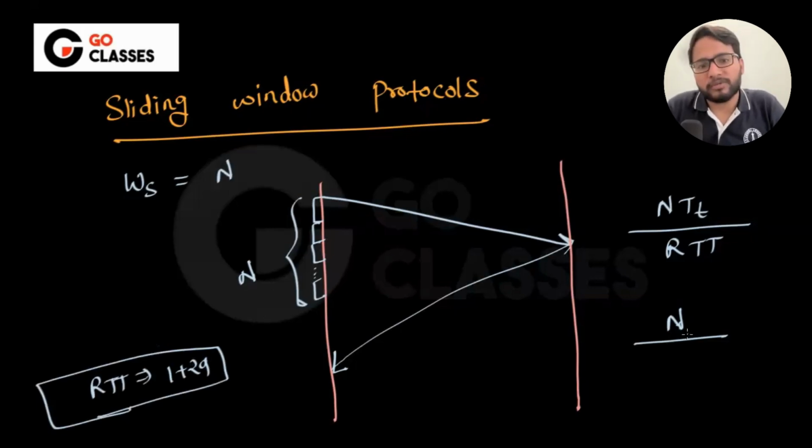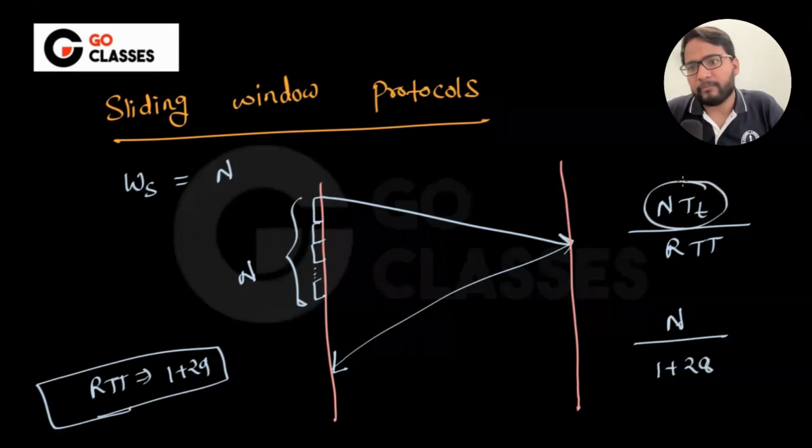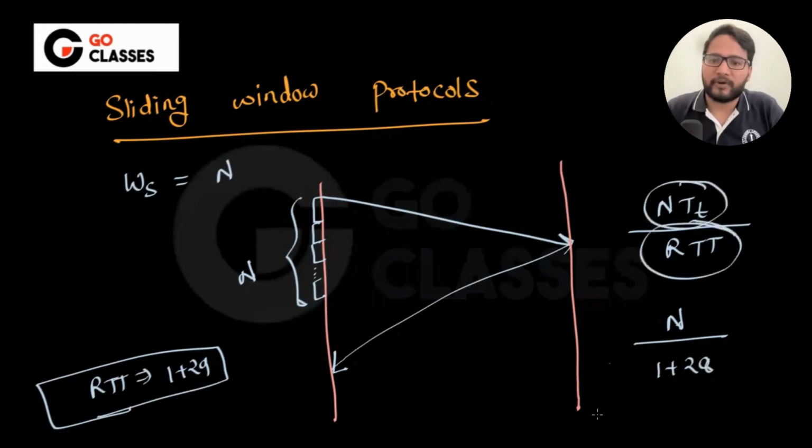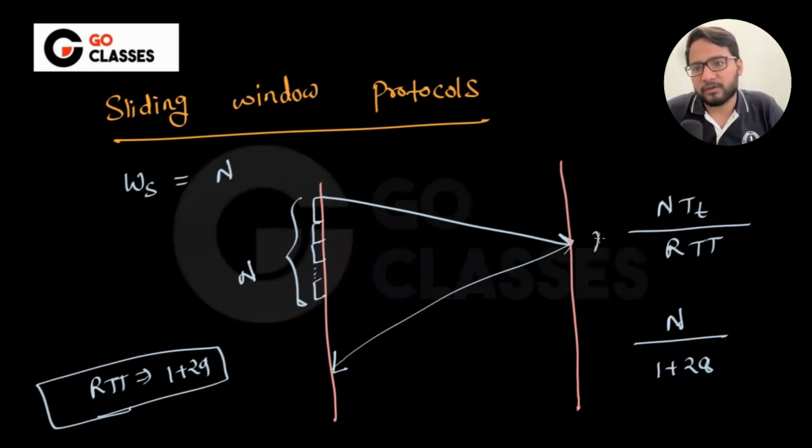So basically, you will be sending N packets, but you could have sent 1 plus 2a packets, or you are utilizing basically N into TT time, but you could have utilized RTT time itself. So this is the efficiency. And this efficiency is basically the same in go back N and in selective repeat, because we are sending the same number of packets.